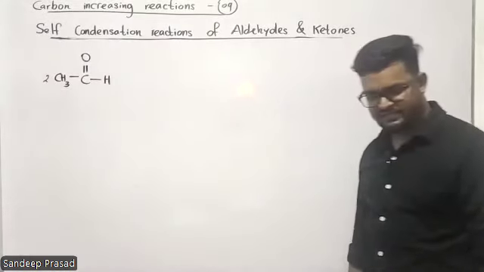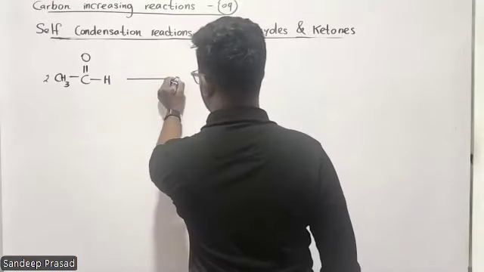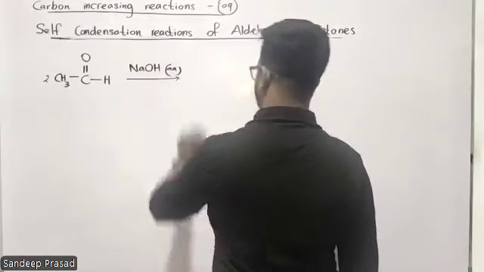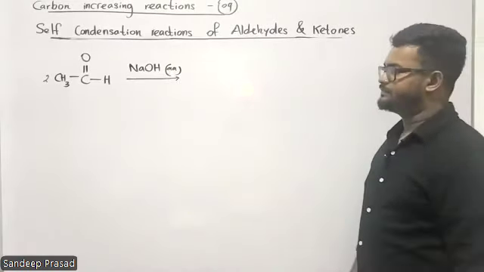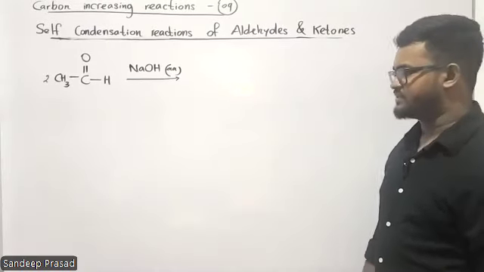So we have two ethanal molecules, and we are adding H plus, sodium hydroxide. Now you are asked to get the product directly. How do you do that? It's very simple. Look at this one.